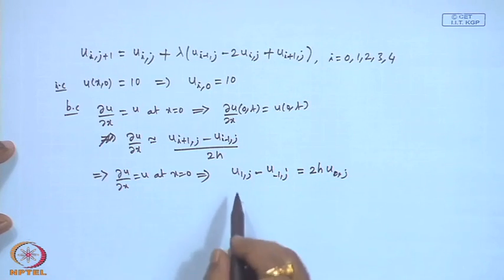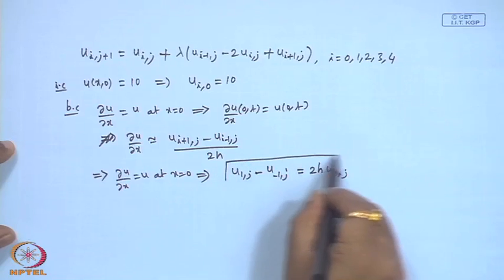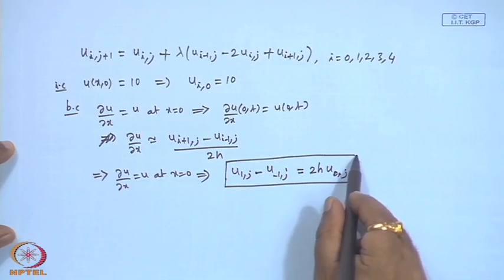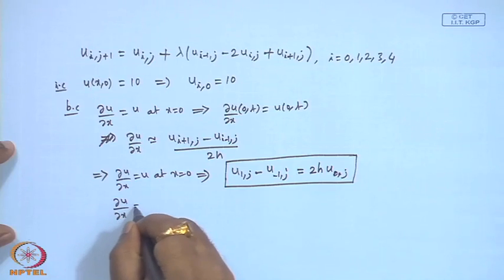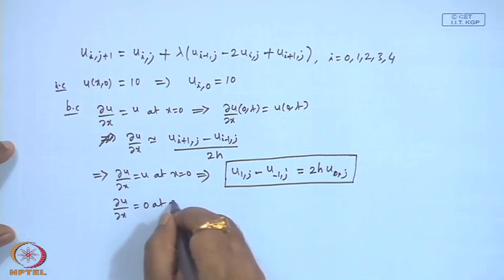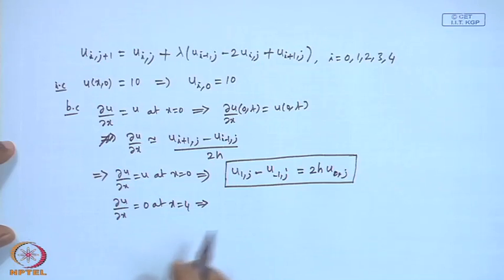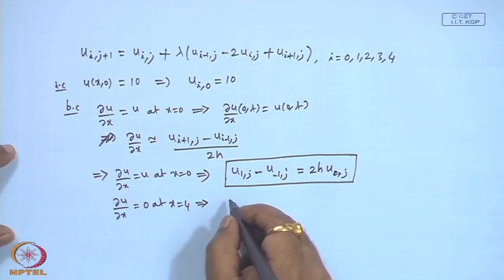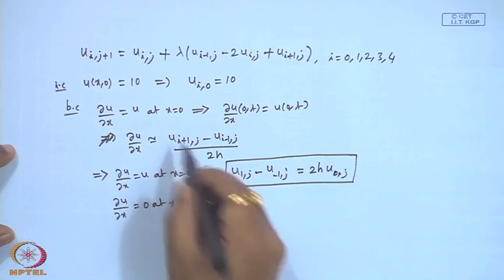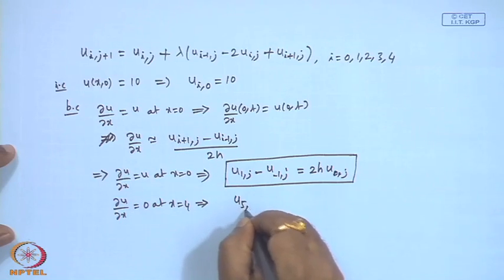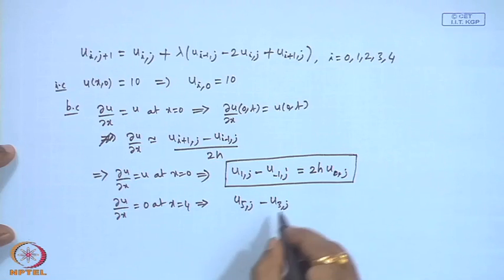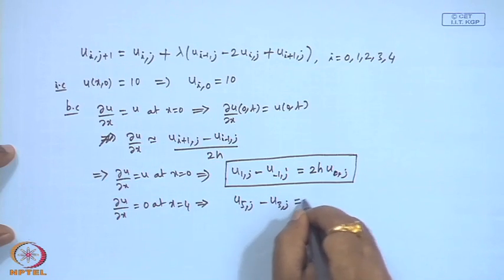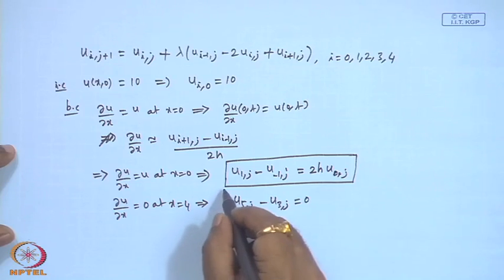Okay. And the other condition, x equals to 4. So, this corresponds to, so I is 4, u 5 j minus u 3 j equals to 0. Okay.